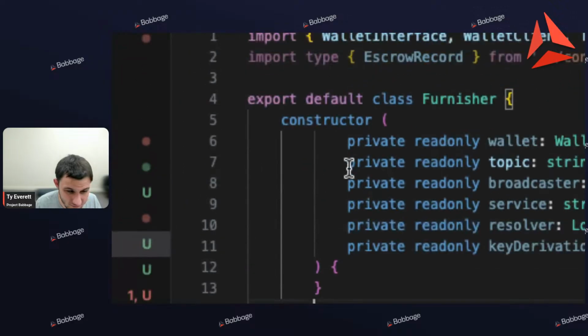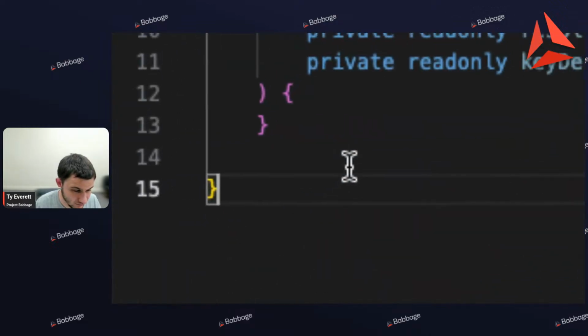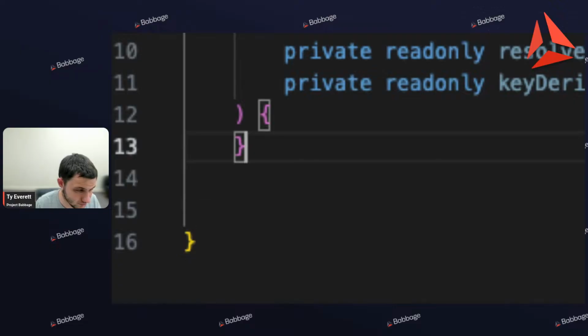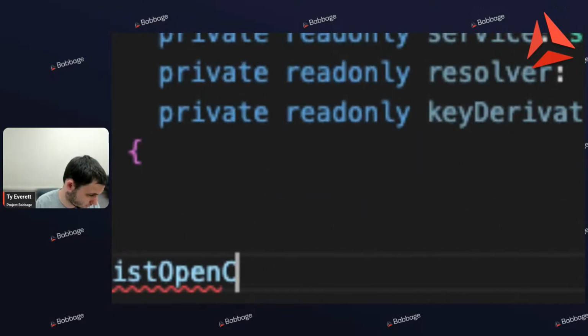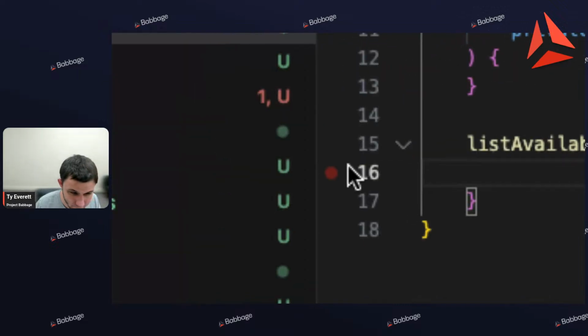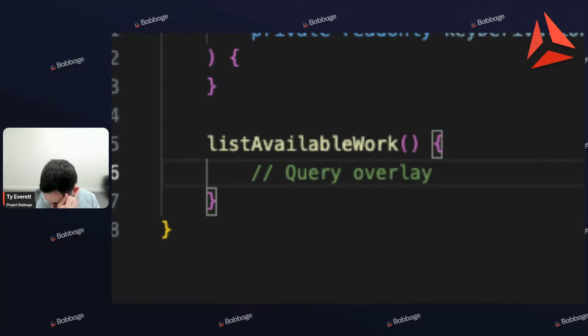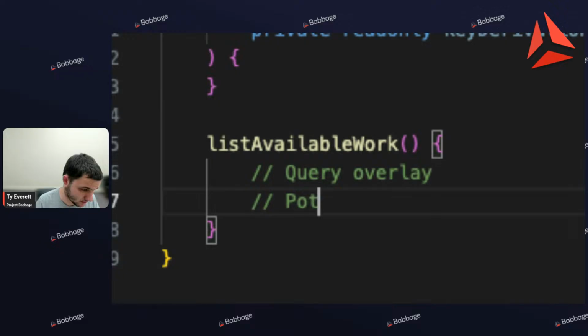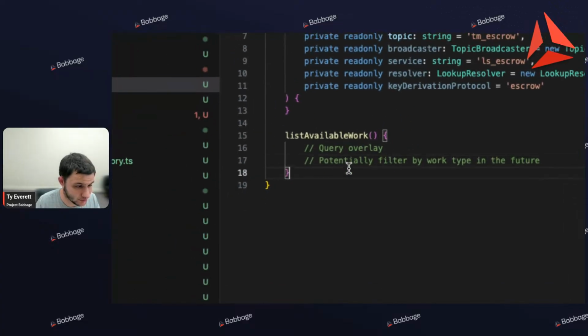So in concept, potentially I could filter by work type in the future.